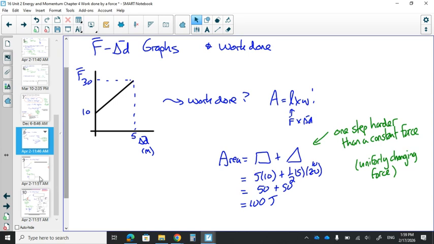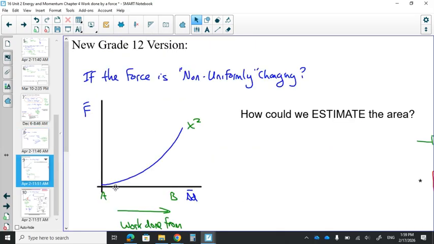So very doable. The next level, grade 12 version, which I mentioned a little bit in my grade 11 class, is if you had a non-uniformly changing force value. How would we estimate the area? Well, one way is by just drawing rectangles underneath it. See how you have a little extra and a little less included each time?